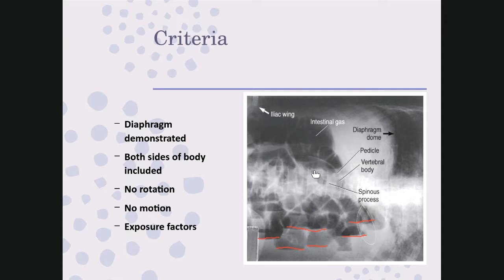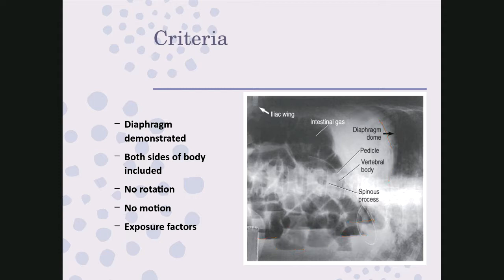And if you look on page 121, you can see these same images, one labeled and one unlabeled. This area right here is the liver. All right, and then you can see the dome of the diaphragm. So if there was any free air, you would actually visualize that free air between the liver and the right hemidiaphragm.